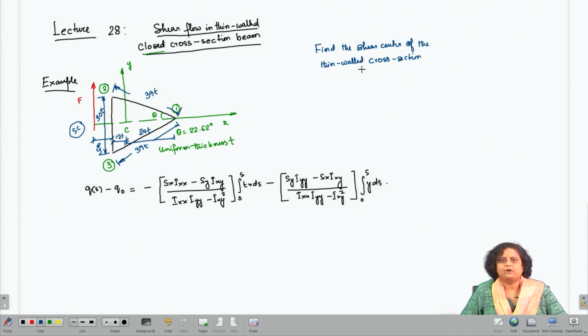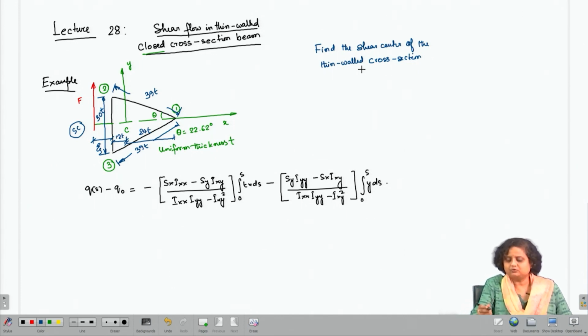Therefore, we have considered a shear force F along y direction at a distance zeta, or through the shear center of the cross section. Now, we can summarize that I x y of this cross section is going to be 0 due to symmetry.